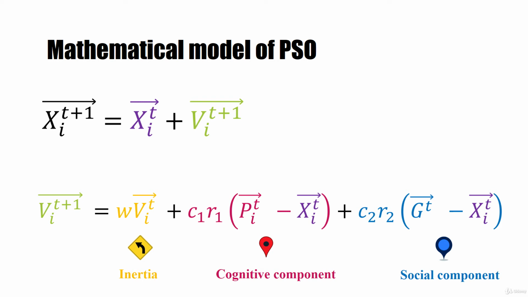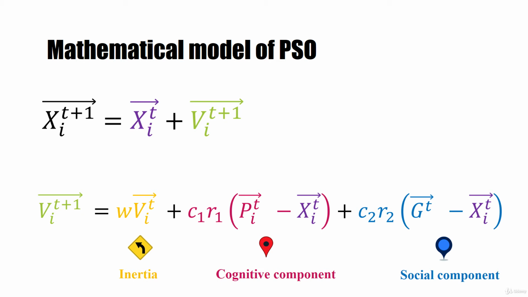The last component, however, is called social component, because the particle calculates the distance between its current position and the best position found by the entire swarm. It is worth mentioning here that for the variable g in the social component, there is no subscript, because we have just one best solution in the swarm for all particles.